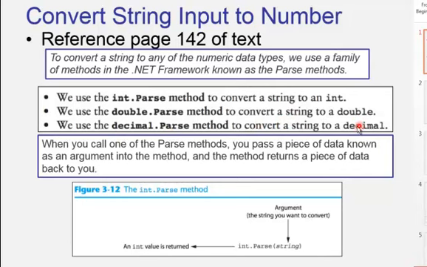Okay, so when you call one of the parse methods, you pass a piece of data, that's an argument, and that method returns a piece of data back to you of the data type you want. Here from the book, we're calling int.Parse on some string. If that string can be converted, then it will convert that value to an integer.